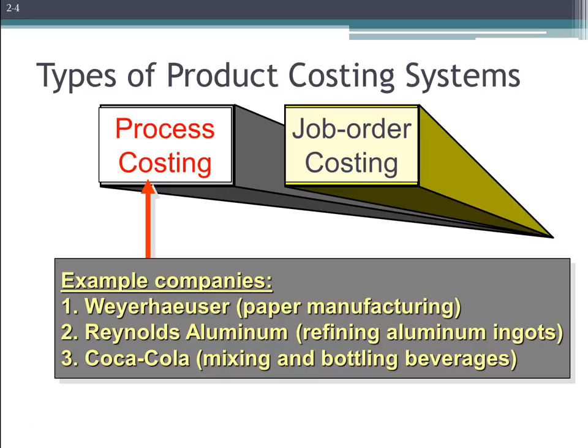And Coca-Cola is a good example as well. Even though Coca-Cola makes various different sodas or soft drinks, usually they'll have manufacturing plants set up where they bottle or can one specific kind, be it Sprite or Coke, and each one is indistinguishable from another. So process costing would be appropriate there.